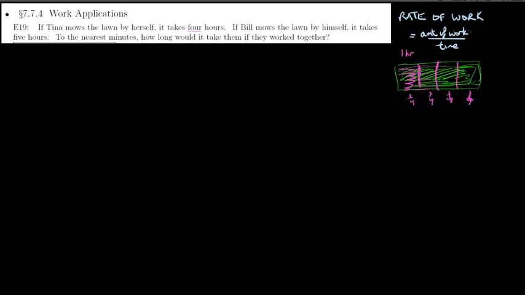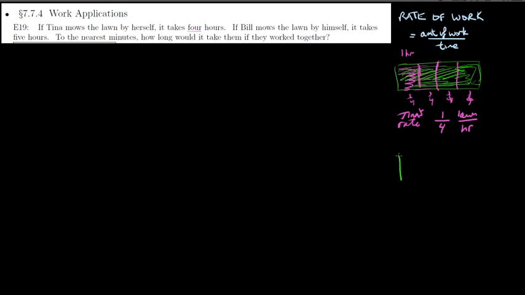So the amount of work for Tina is 1 lawn in 4 hours. This is Tina's rate of work: 1/4 of the entire lawn per hour. For each hour that she works, she mows 1/4 of the lawn. Makes sense?